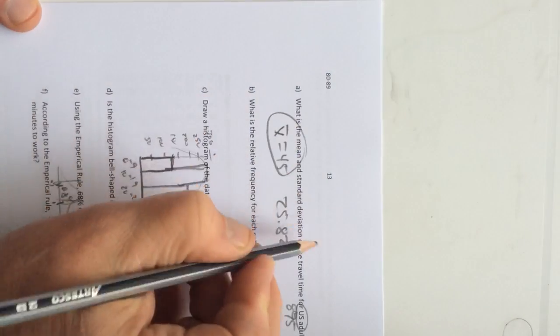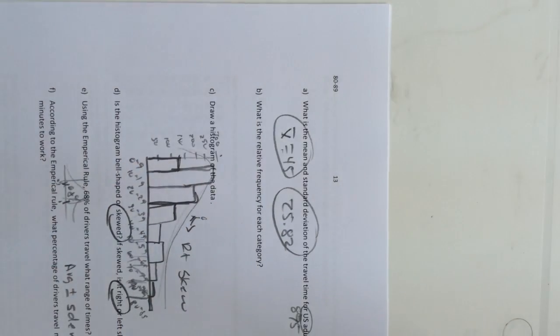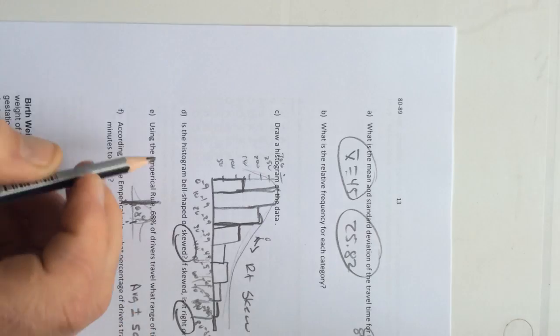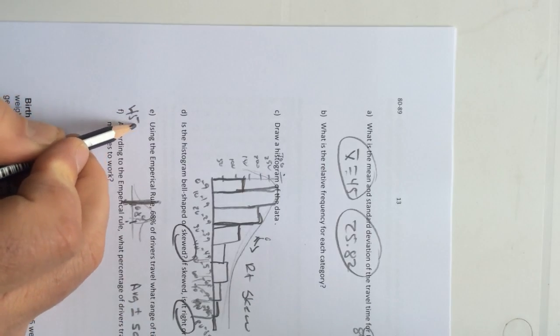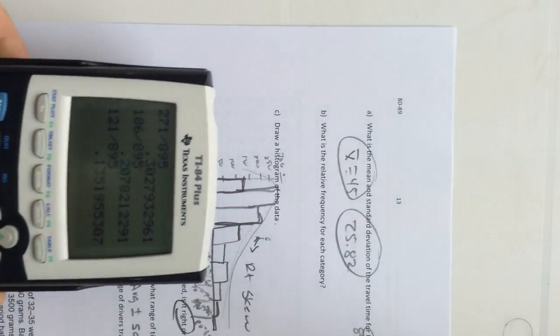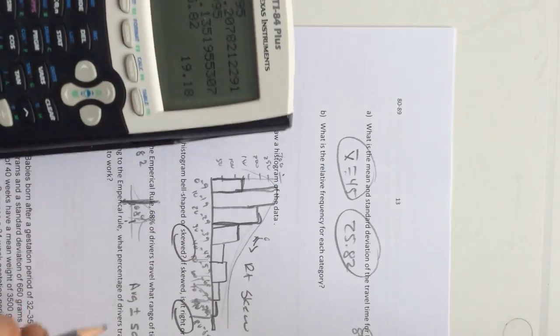The average was right here and the deviation was right here. So 45 minus that is the low edge. So 45, the average, minus the standard deviation. So the low edge is 19.